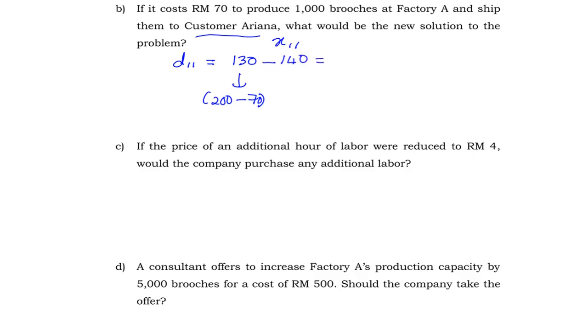So the change is negative 10 units. This is the change for coefficient C11. So if we look at the LP solver output, we need to check whether it is within the range or not. If it's in the range, then we can just do sensitivity analysis without recalculating everything.